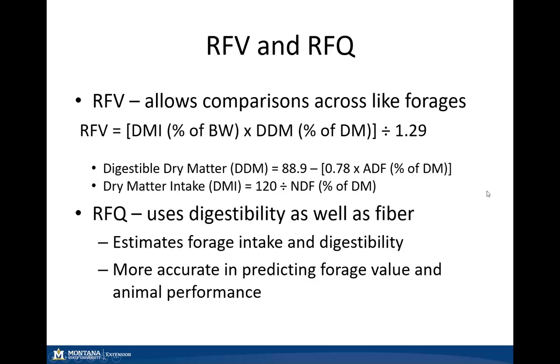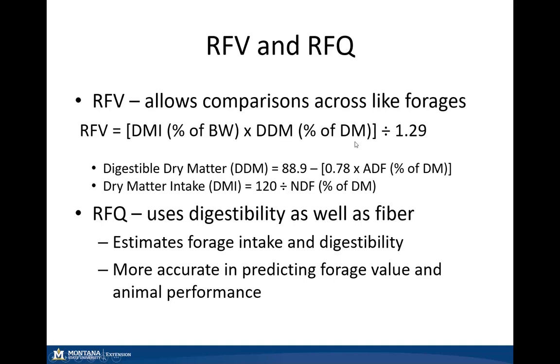Now, for RFV, it is calculated as the dry matter intake as a percent of body weight multiplied by the digestible dry matter as a percent of dry matter divided by 1.29. So, if we look at our digestible dry matter equation here, this first bullet point below the RFV equation, this is a constant equation for digestibility in relation to ADF.